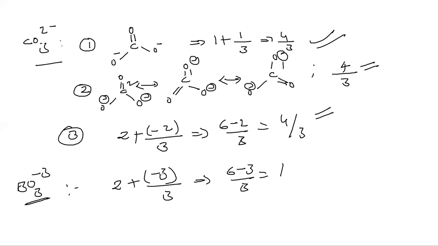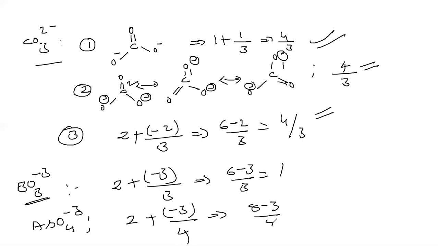So the bond order is equal to 1. Similarly, if you see the arsenate ion, AsO4 3-, the valency of oxygen is 2, the charge is 3, and the number of bonded atoms is 4. That is 8 minus 3 by 4. That is 5 by 4.